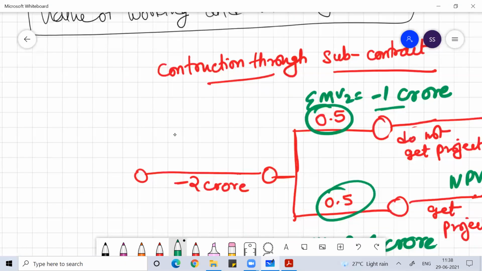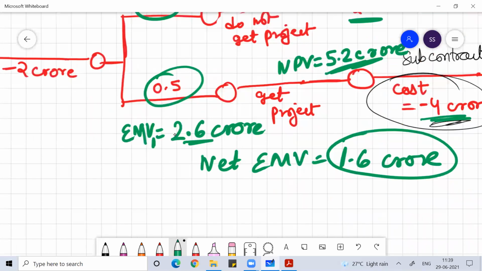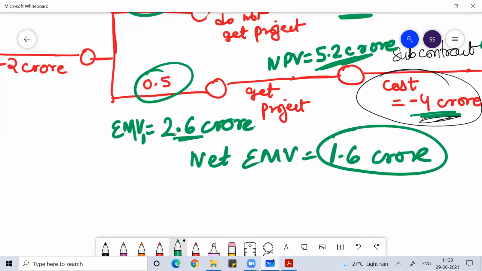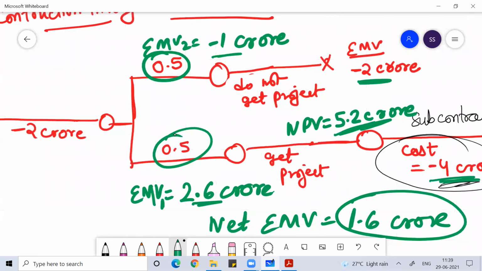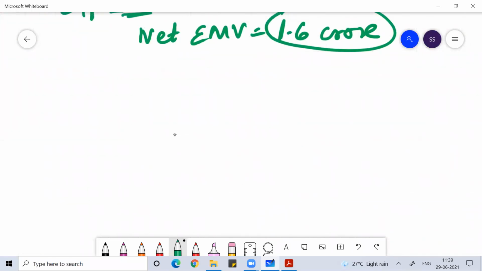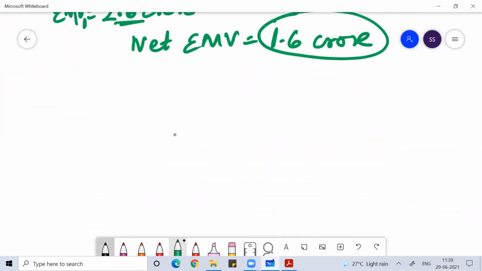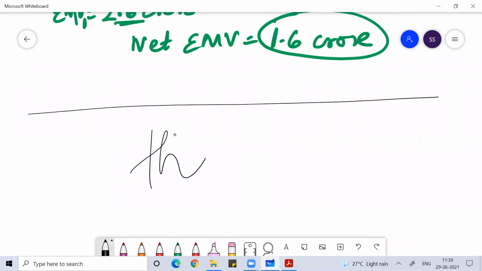So which is better option, guys? The better option for you under this condition is you should go with subcontract. Clear everyone? Anyone, any doubt? Second year students, have you understood this? So what should you go with?